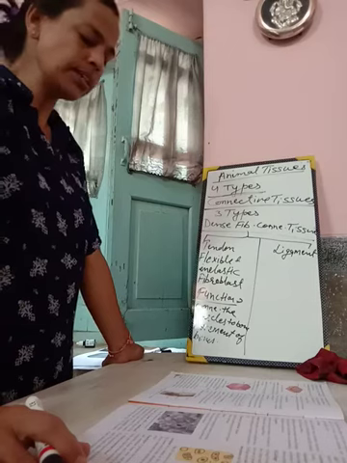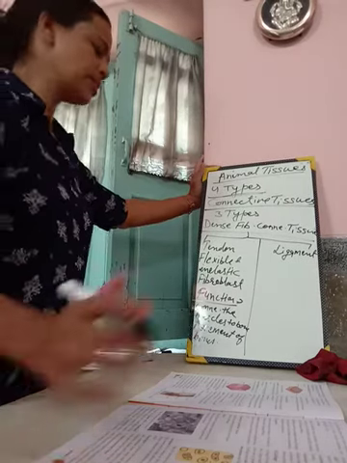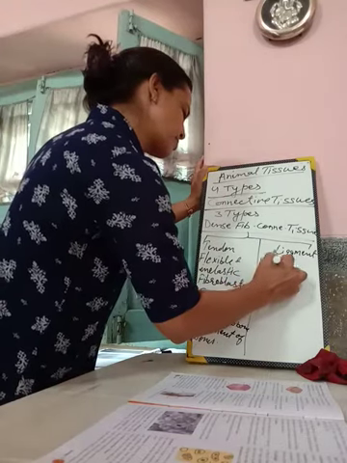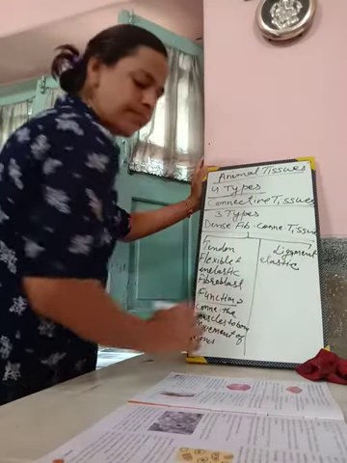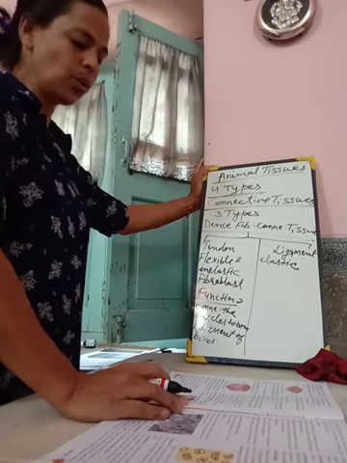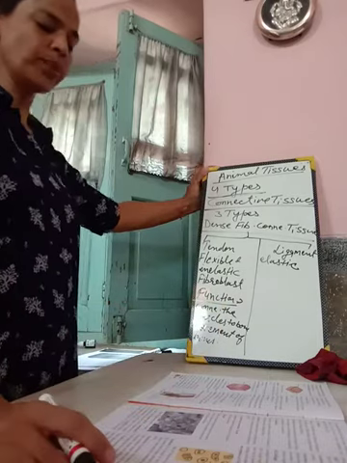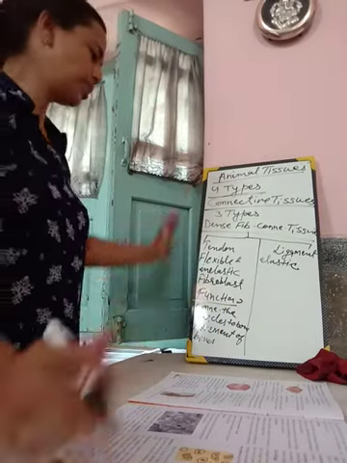The second one is ligament. Ligament is an elastic tissue structure. They have elasticity. Made up of fibroblasts and collagen fiber, the same as tendon.